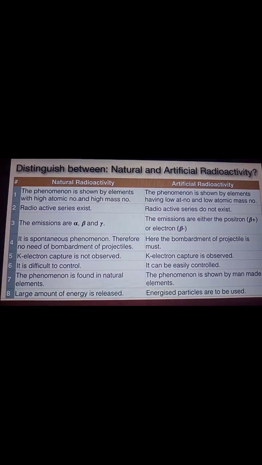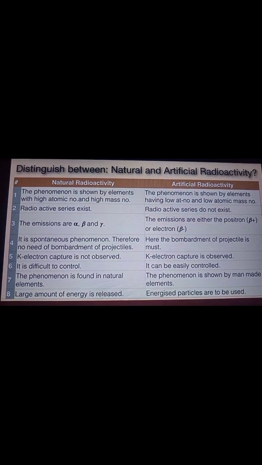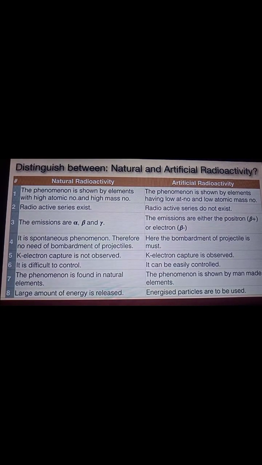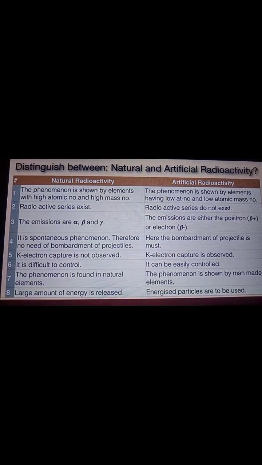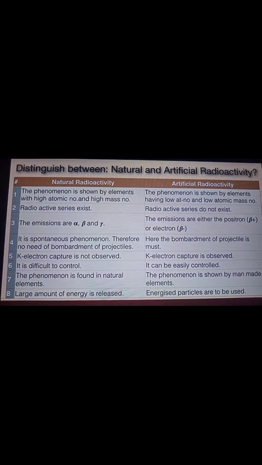If we say natural radioactivity, number 1, the phenomenon is shown by elements with a high atomic number and a high mass number. On the other hand, artificial radioactivity is shown by elements having a low atomic number and a low mass number.